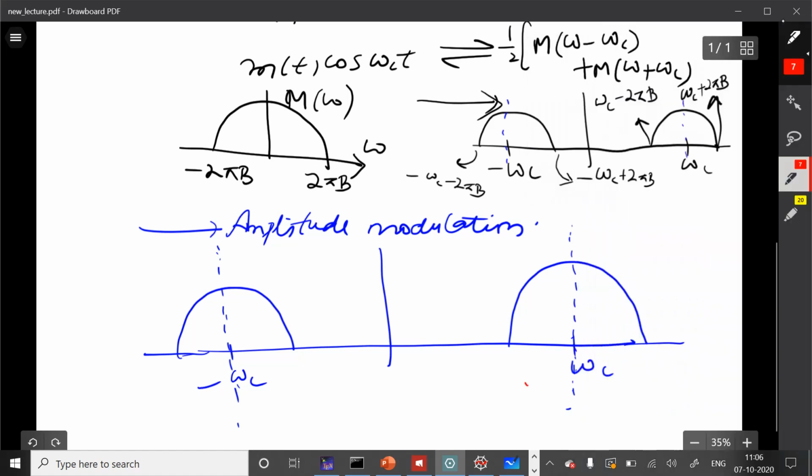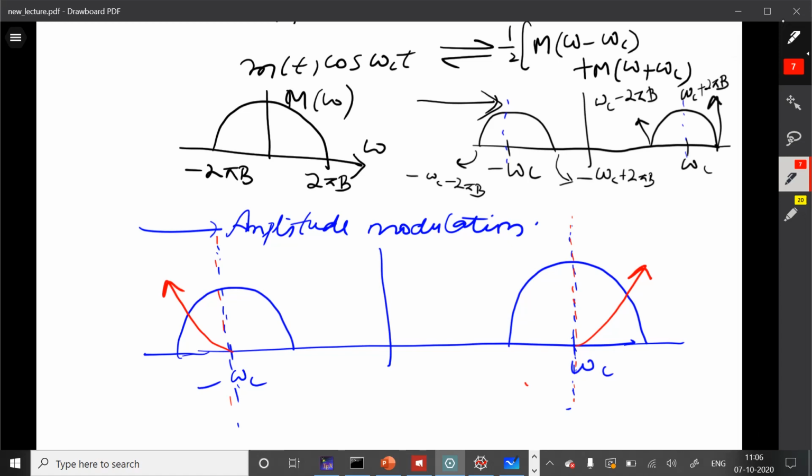What I mean is that at this point, at this red color arrow I have shown, it is symmetric, and similarly at this point at minus omega c, this is symmetric. Okay, and if you see that the frequency information contained in this side is the same as the frequency information contained in this side, we call them side bands.